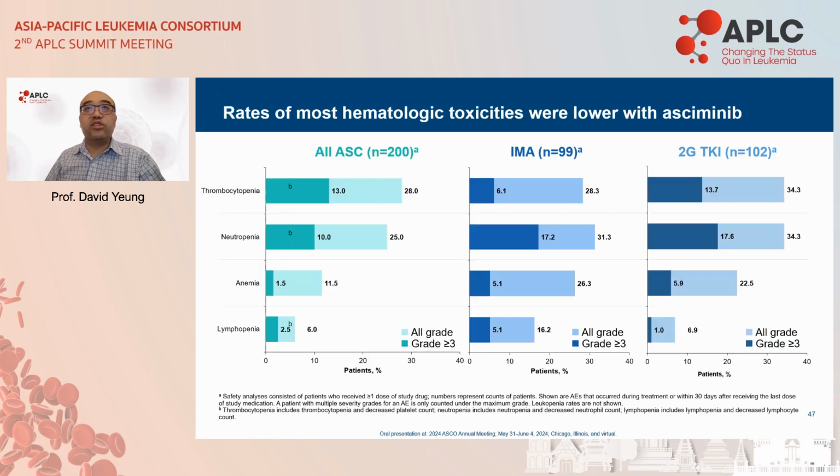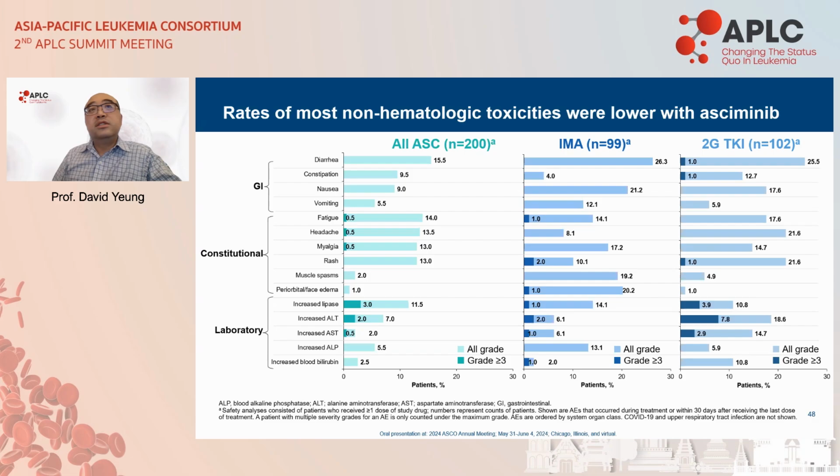In terms of toxicity, the hematological toxicity is pretty similar across all three drugs, and we would expect that for a BCR-ABL inhibitor. For the non-hematological toxicities, the summary that I get is that most of them were grade 1-2 events. There were more events in the standard of care arms, i.e. the imatinib and the second generation TKIs, compared to asciminib.